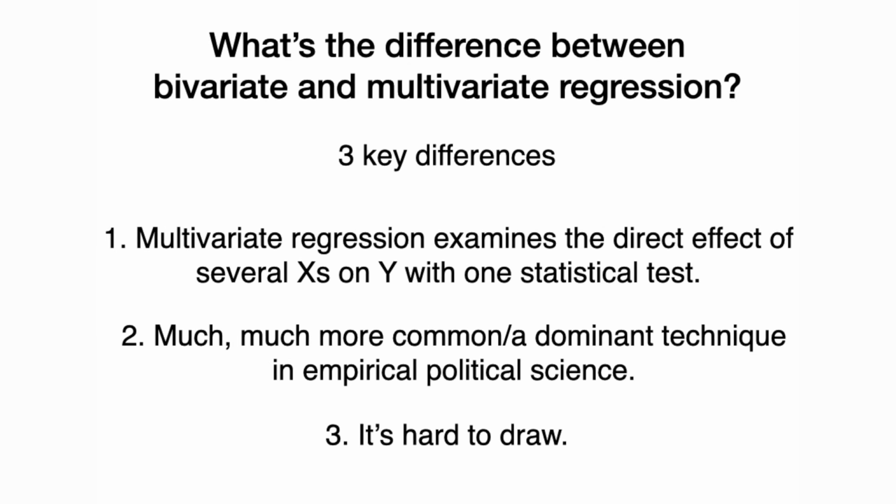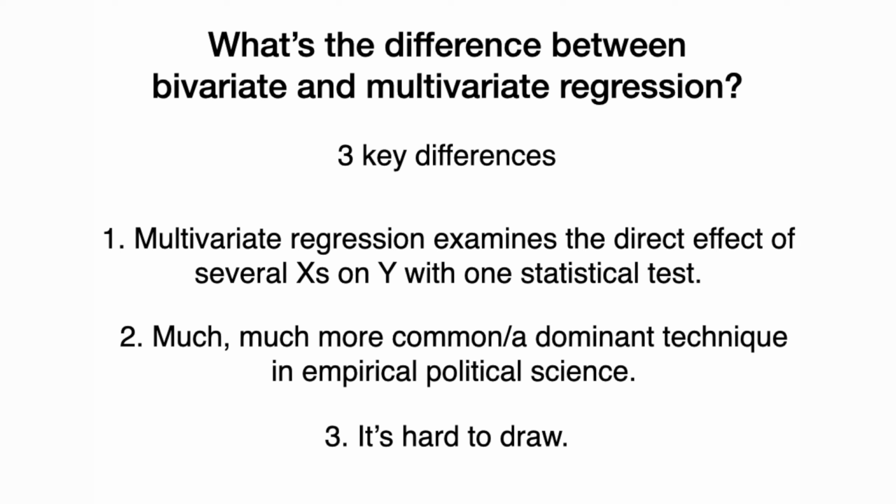But if you stop and think about it, this is an oversimplification of how the world works. We do need to be able to take some stuff into account simultaneously, just to be able to disentangle their effects. Multivariate regression allows us to do that. That's the first big key difference.